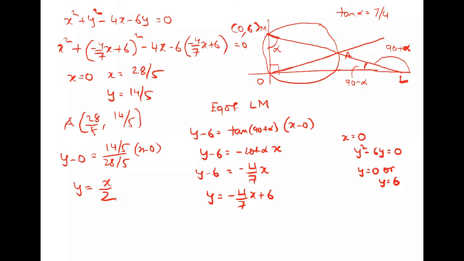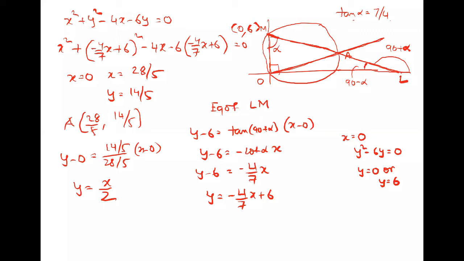Listen very carefully. There is a circle given, passing through origin and through 0, 6. And this is the chord OA. OA is making an angle alpha with the y-axis, so tan alpha is 7 by 4. You extend this line.